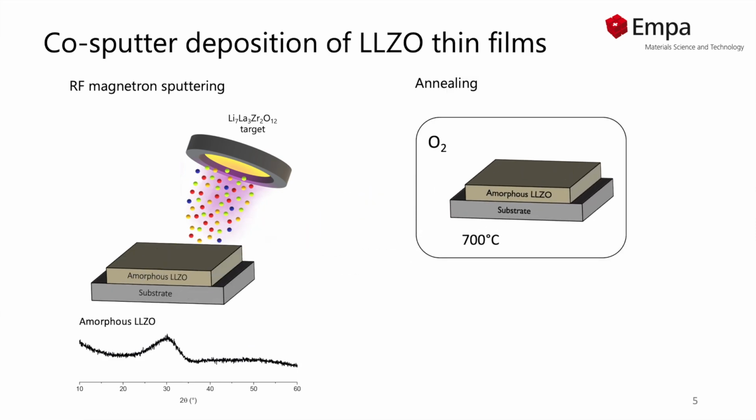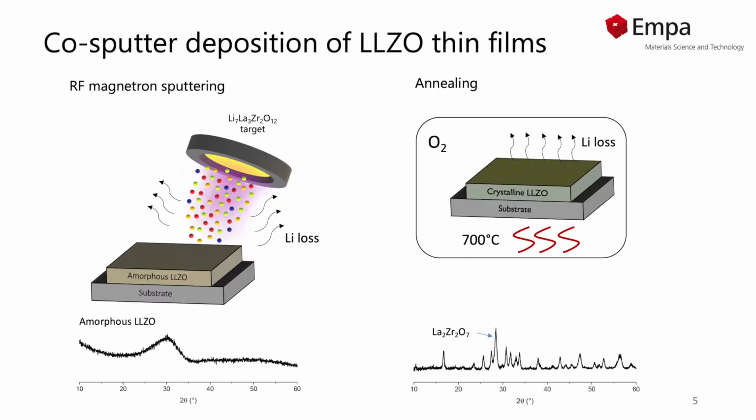Later, this film is annealed in pure oxygen at a temperature of about 700 degrees, leading to crystallization of the film. However, due to the massive lithium losses occurring during the deposition and especially during the annealing, these films show impurities in the form of lithium deficient lanthanum zirconate, which is not ion conductive.